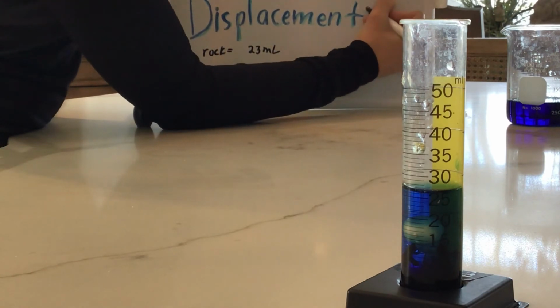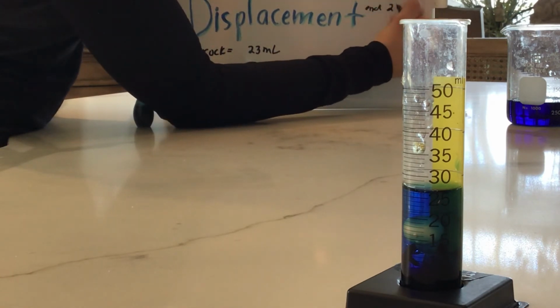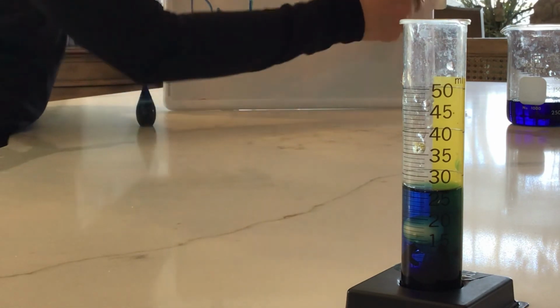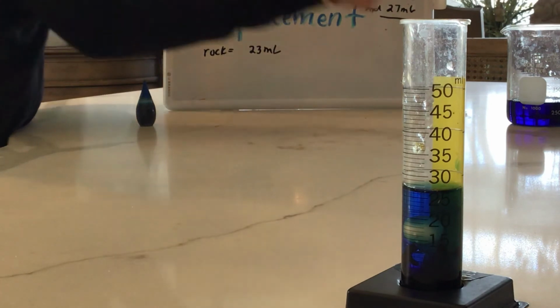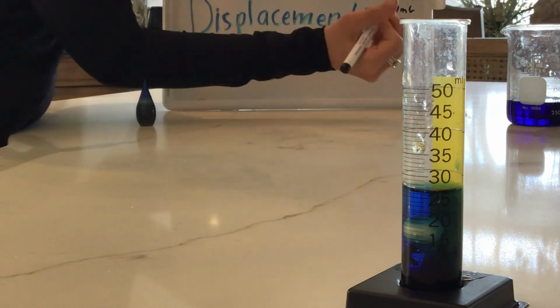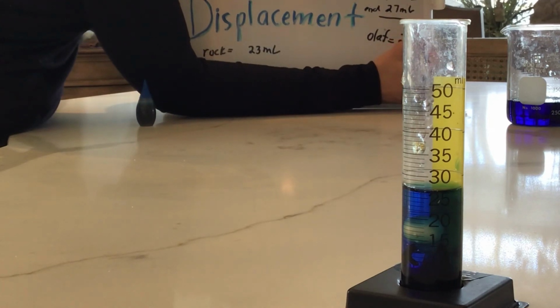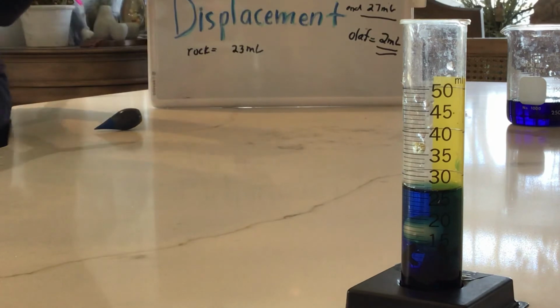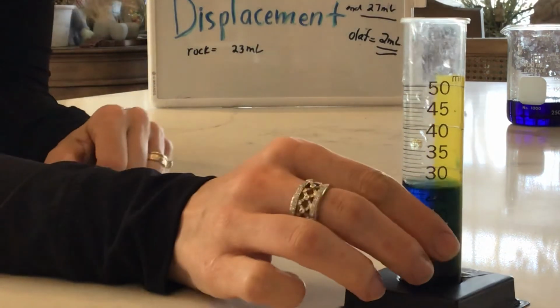We ended at 27 milliliters. So now, what is the difference here? 5, 6, 7. So, Olaf is equal to 2 milliliters. That's how much space Olaf is taking up.